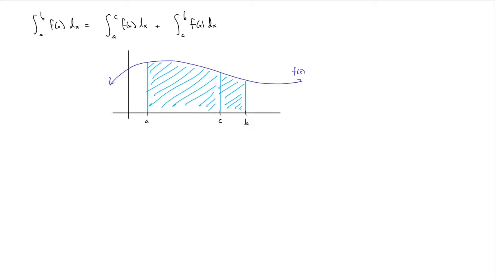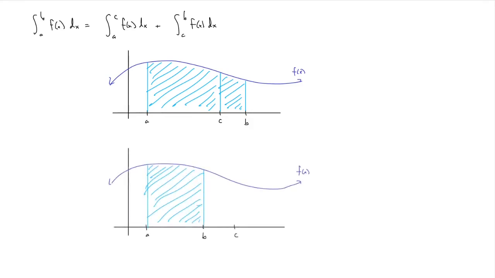Actually, it is slightly subtler than that. And the thing that's subtle and perhaps even a little bit beautiful about it is that nowhere in that rule did it say that the c has to be between a and b. And in fact, it doesn't. Here I've shown the area under the curve between a and b. And here's the area under the curve from a to c.